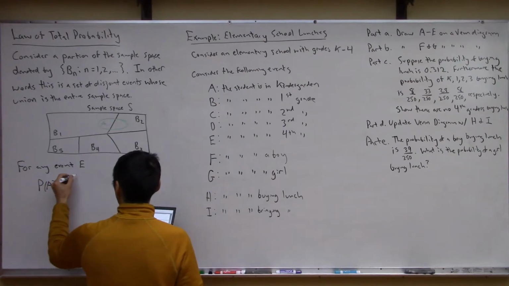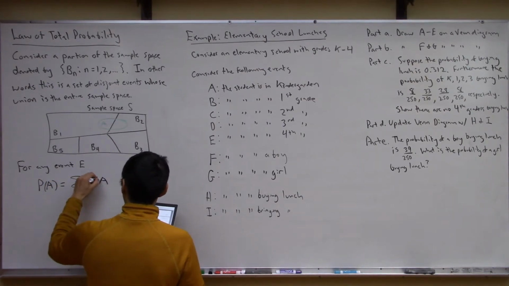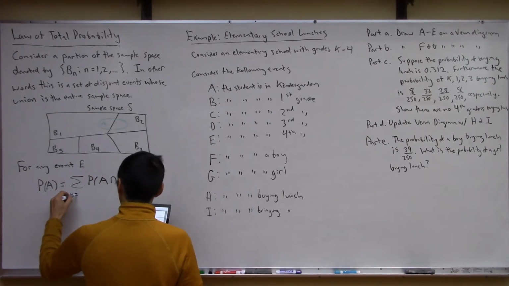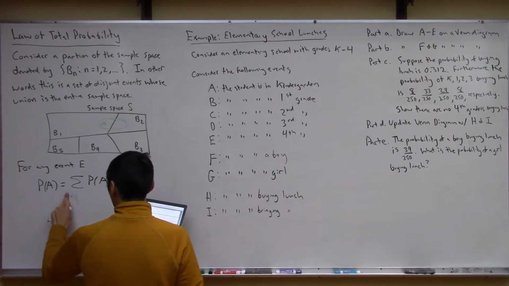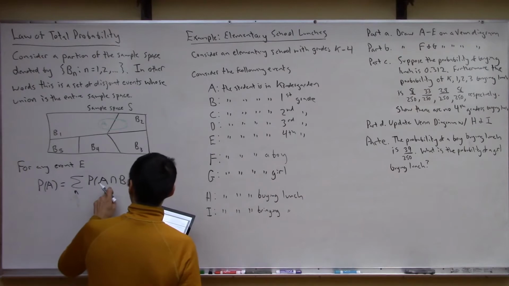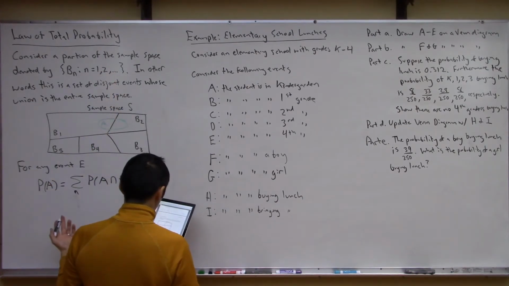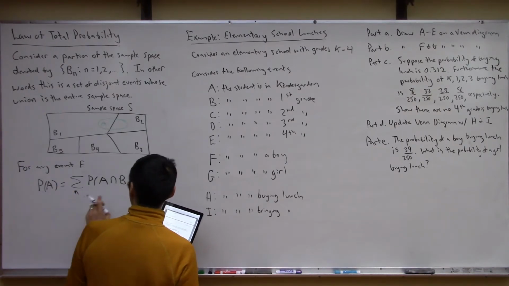In other words, we add up all of the probabilities of A intersecting with any element of the partition, going over n, from n equals 1, 2, 3, 4, all the way up to however many partition elements you've got. So this is pretty much the way we can go about this.